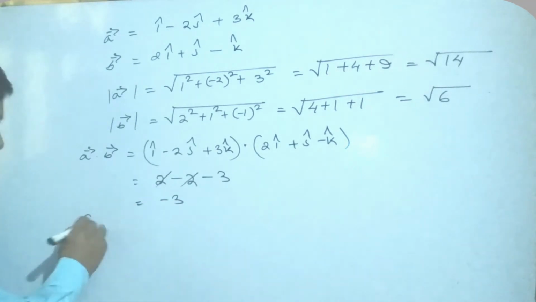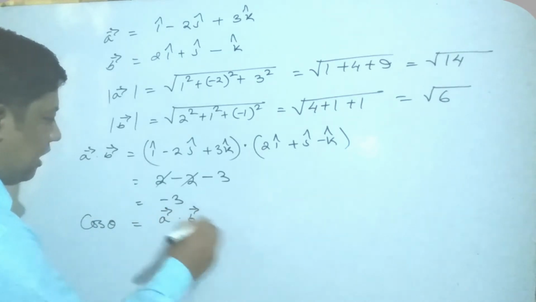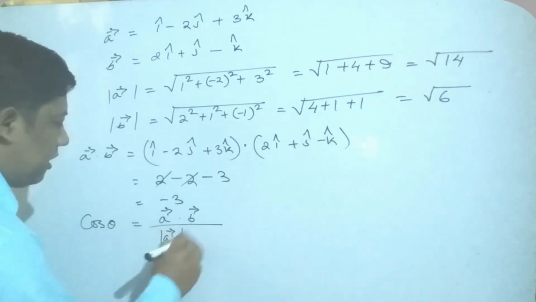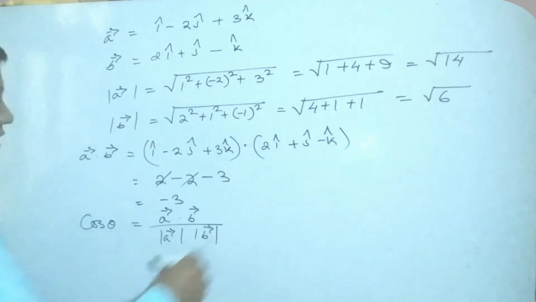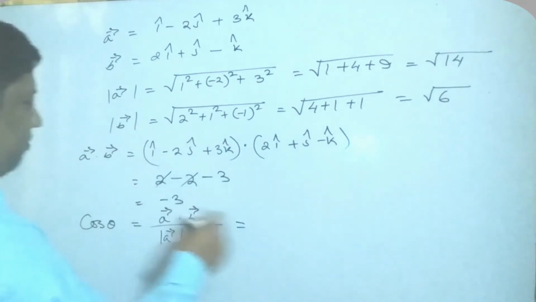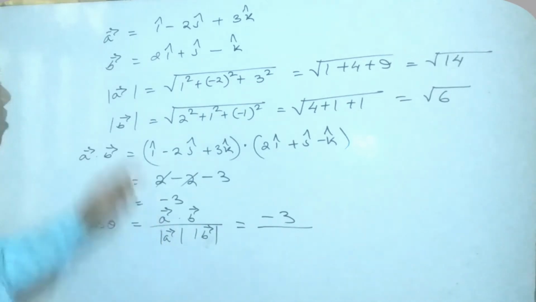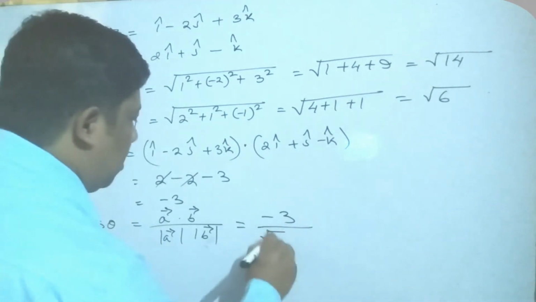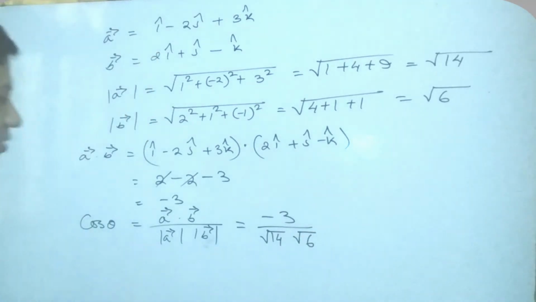Now according to the rule, cos theta equals A dot B upon mod of A and mod of B. Now my students, A dot B is how much? At first I found A dot B is minus 3, mod of A is under root 14 and mod of B is under root 6, and that is your answer, my dear students.